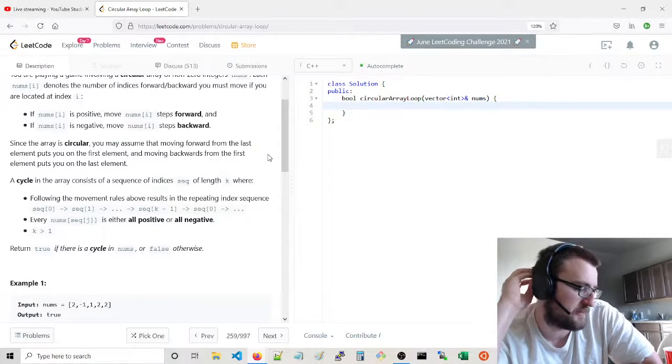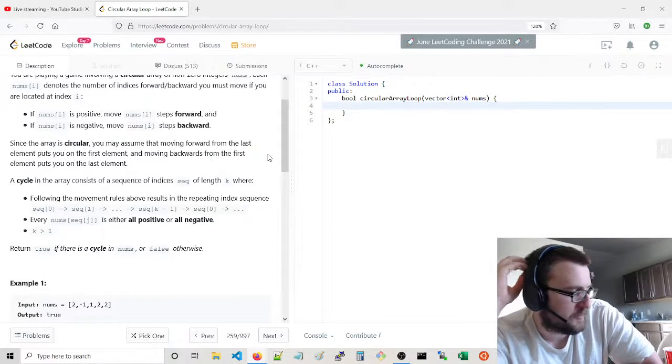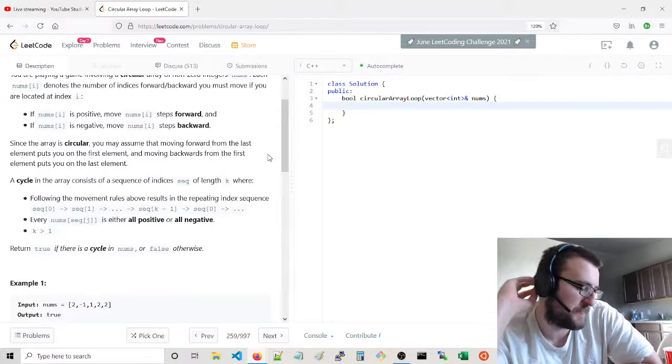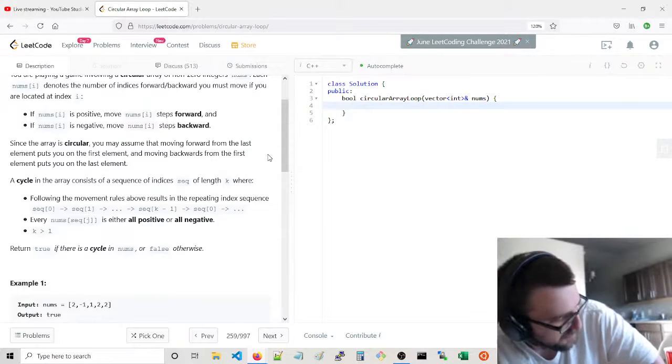But then the question becomes, well, you could have a whole lot of node values that jump back to that 0, but they don't necessarily go directly back to that 0. They could jump through half of the array before they go back to that 0.